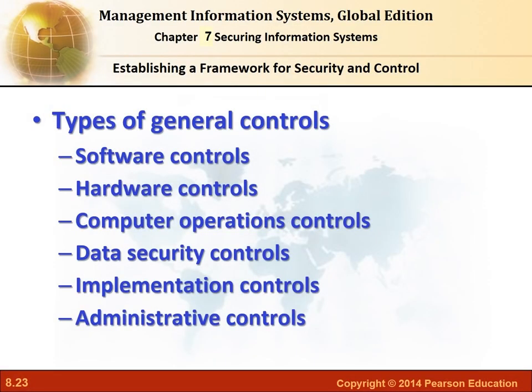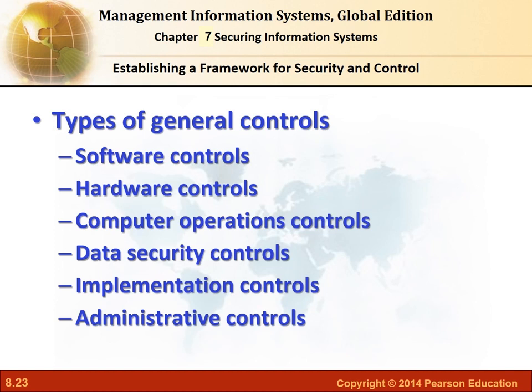This slide lists the different categories of general control. Protection of information resources requires a well-designed set of controls. Computer systems are controlled by a combination of general controls and application controls.